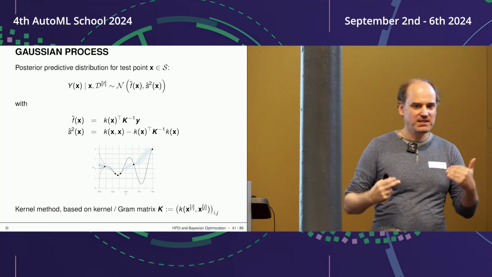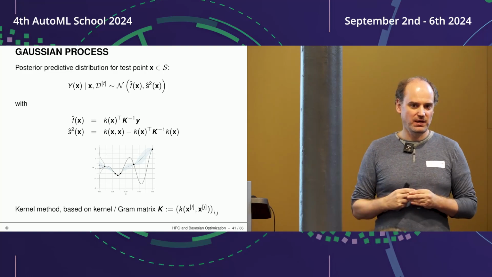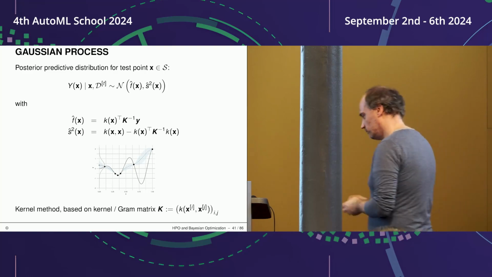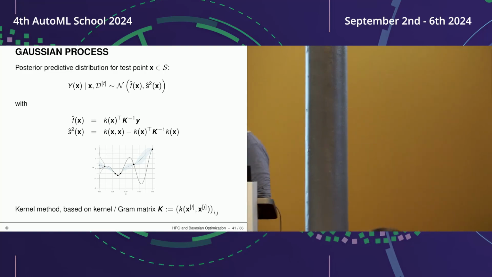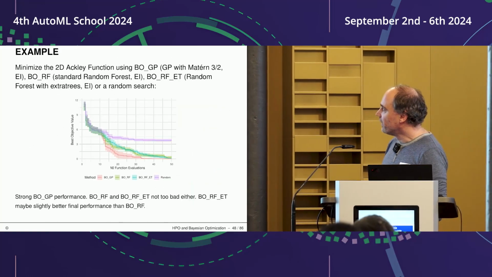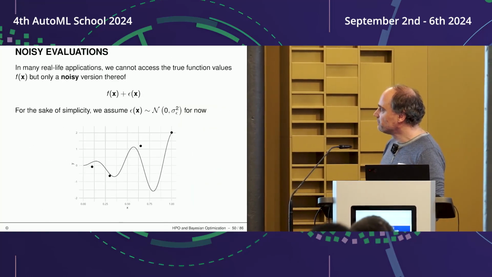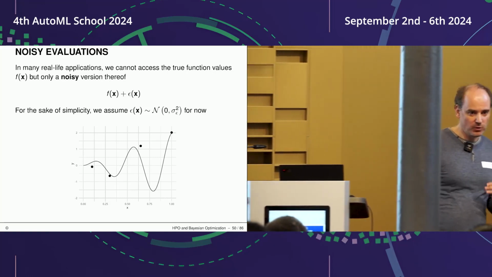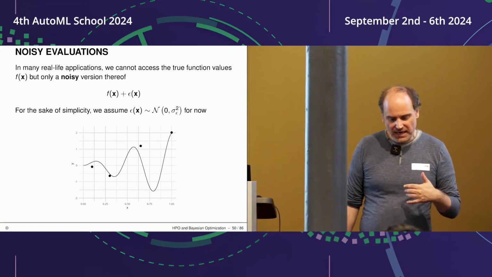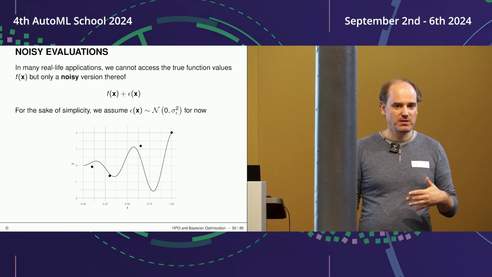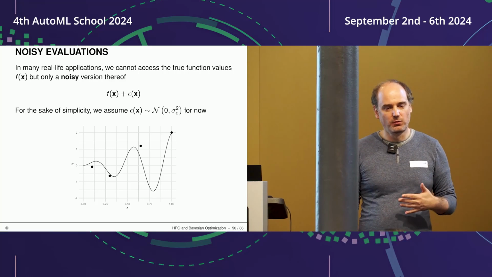And this is to add something to the diagonal of this K matrix, okay? This is what we do to turn this interpolator into a regression model. And this would be the first thing we would do if we had noisy evaluations. It also turns out we can estimate this noise parameter, the so-called nugget effect, through maximum likelihood from the GP.